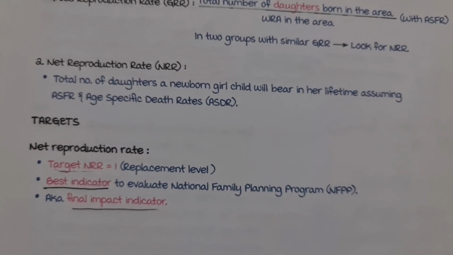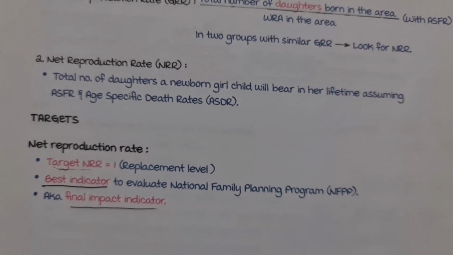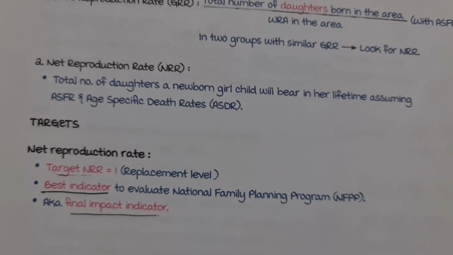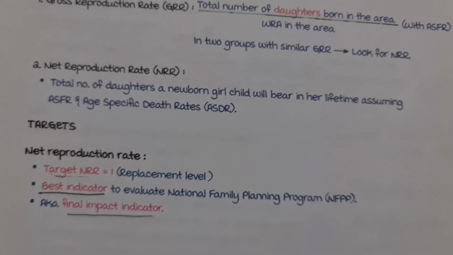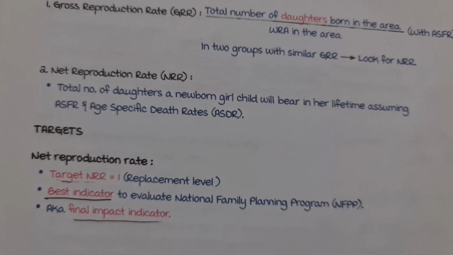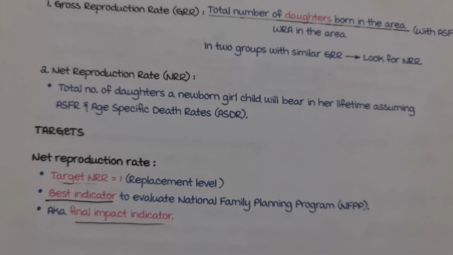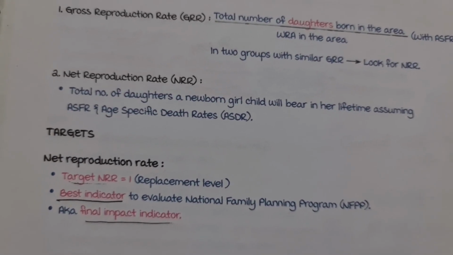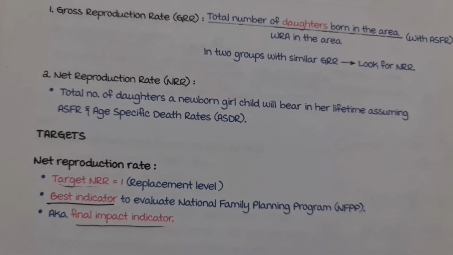It is very useful during the National Family Planning Program, which is about contraception and many kinds of policies. We will talk about it in a few lectures. The NRR is also known as the final impact indicator.